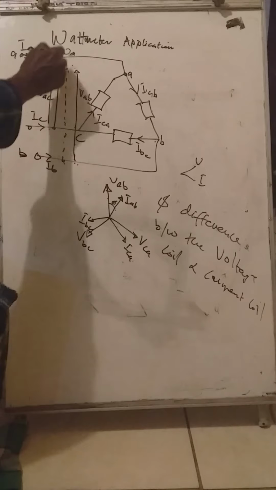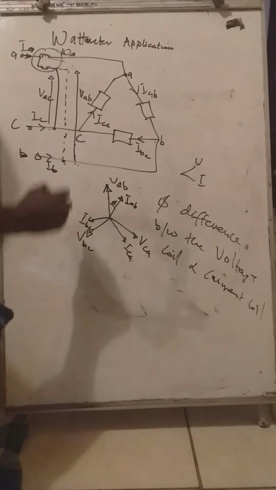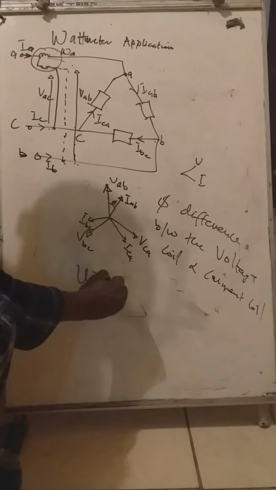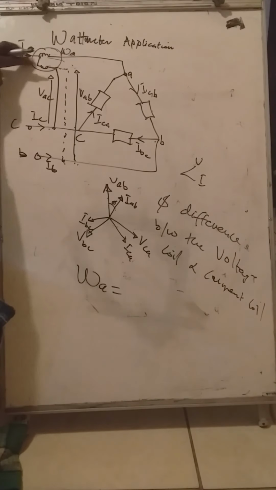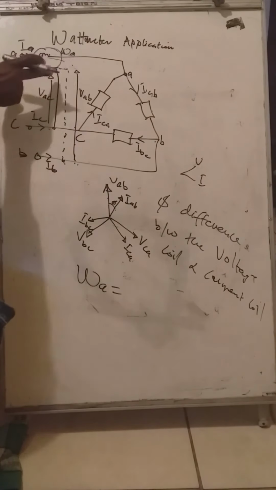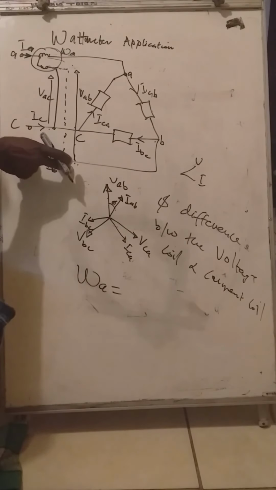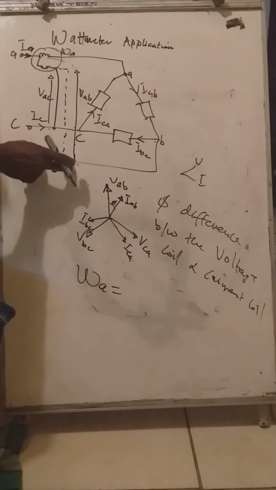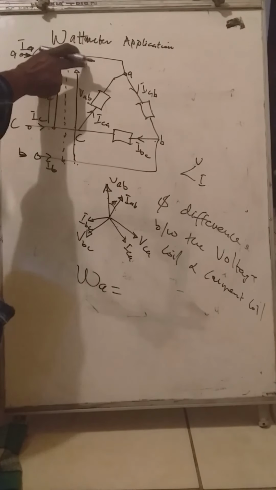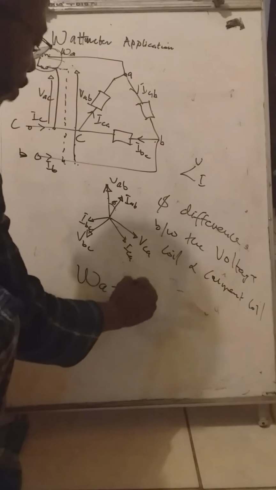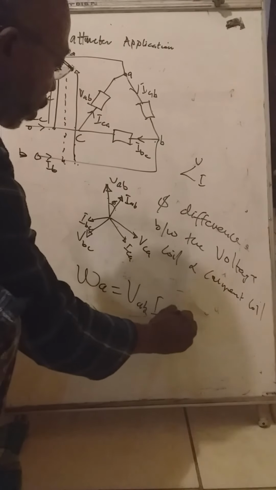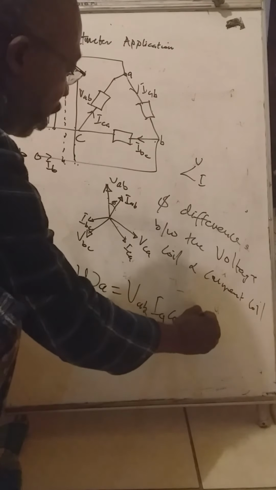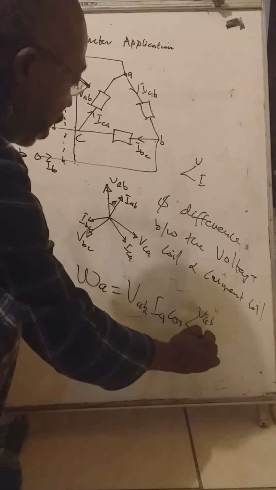So if you want to determine this wattmeter reading, our WA, the wattmeter reading here, will be made up of the current flowing through it, IA, and the voltage across it. The voltage across it is VAB, and the current into it is IA. So that means we have VAB and IA cos of the angle between VAB and IA.